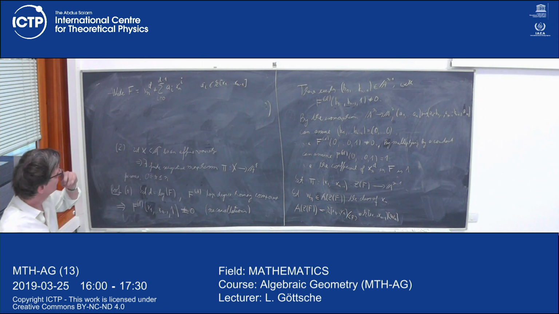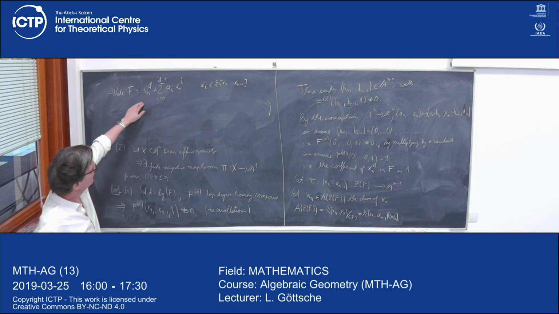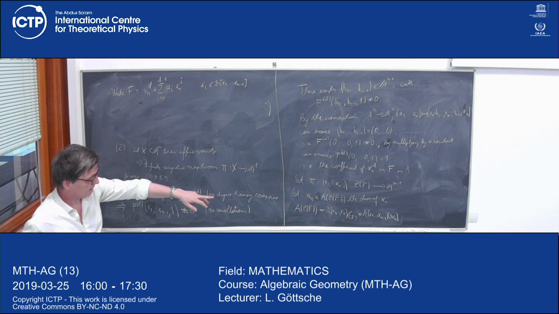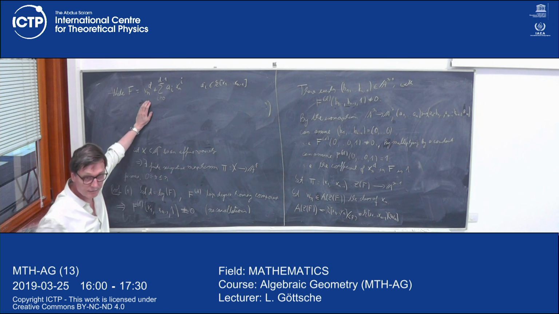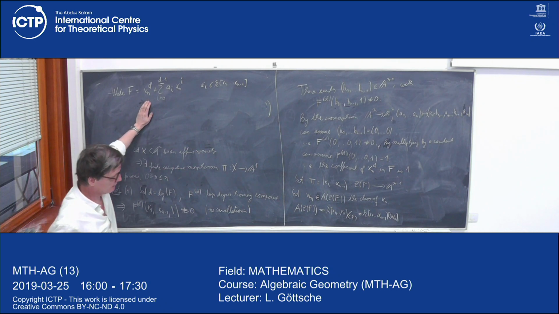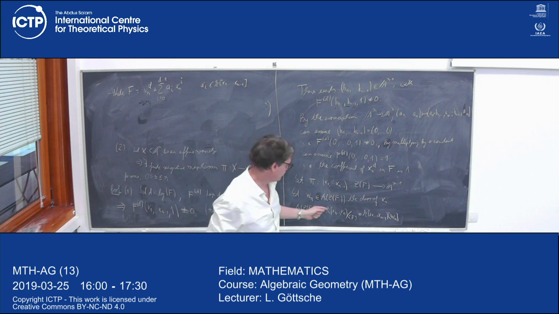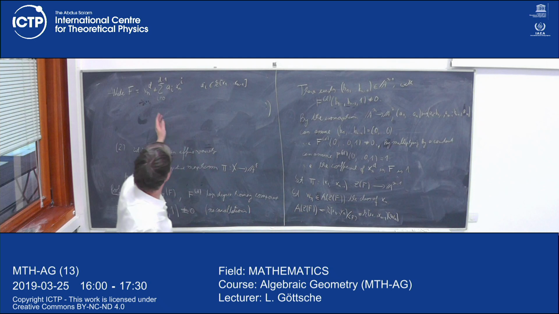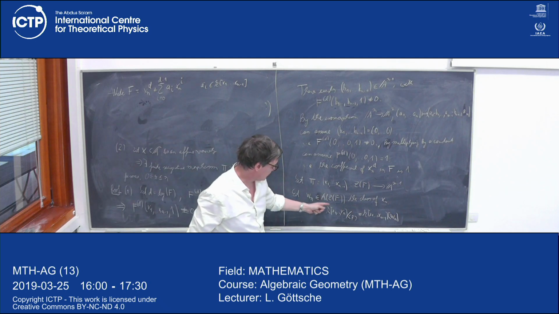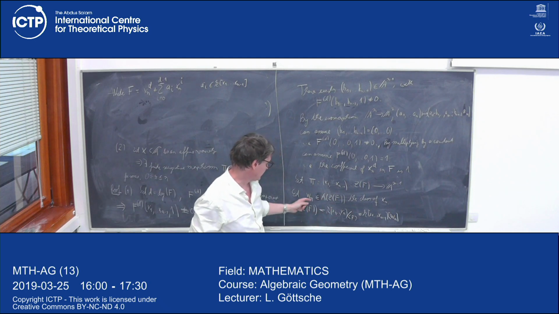And then you can see that if I take k[x1 to xn] divided by this equation, then x1 to xn minus 1 will not be changed, and here we have just added one more element, which is the class of xn.